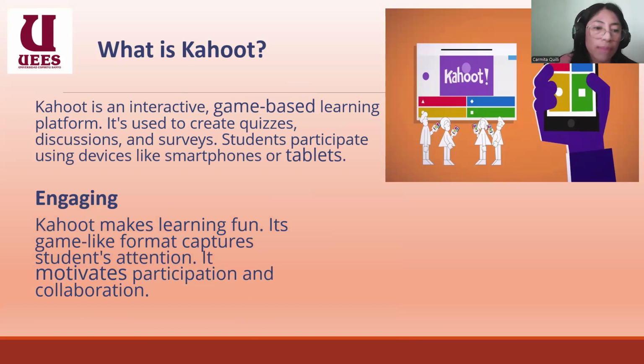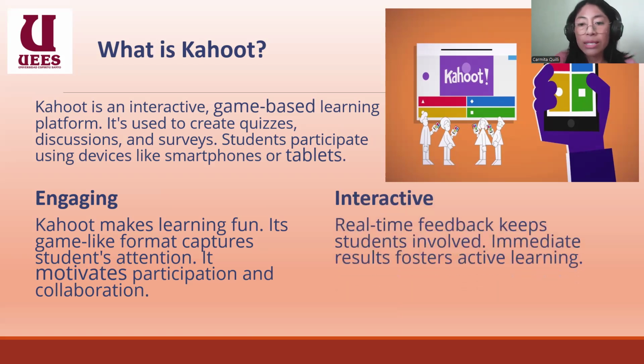Its game-like format captures the students' attention and motivates participation and collaboration. The second main characteristic is that it is interactive, because the real-time feedback keeps the students involved. Also, it brings immediate results that foster active learning.